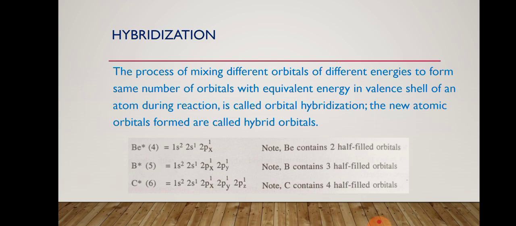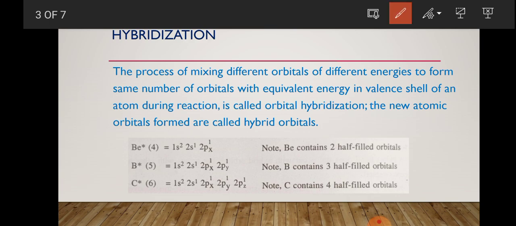For example, in beryllium, the valence shell of beryllium is second shell, and here two different orbitals s and px mix together and produce fully new 2sp orbitals.